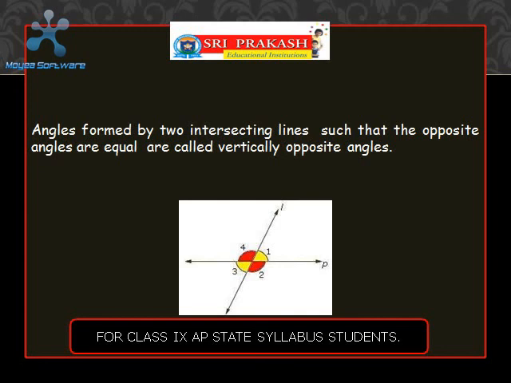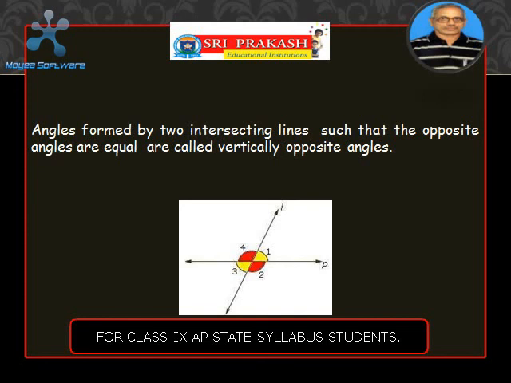So in the figure it is given line M and line N are parallel, and this transversal line intersects them. So now we have some properties.